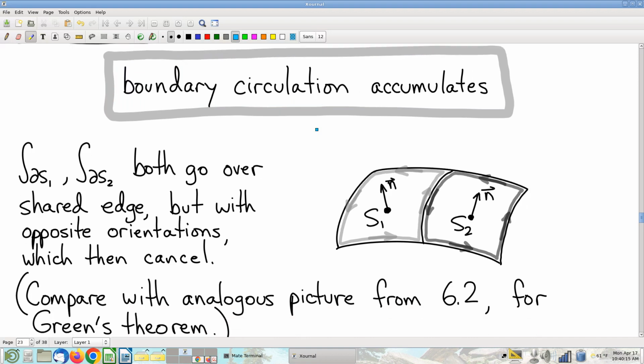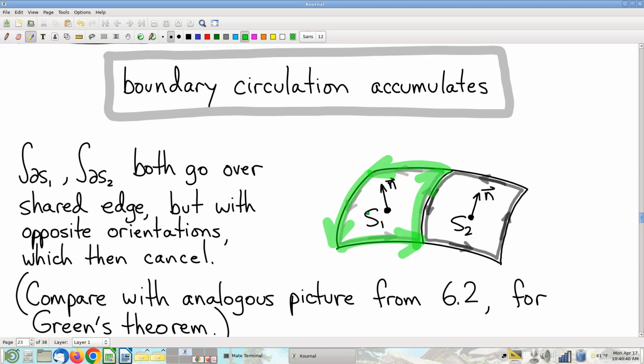Well, here's the picture. If I were to look at this piece of surface oriented the way that I have indicated here, thumb, fingers, swirl, etc., the boundary would be oriented that way.